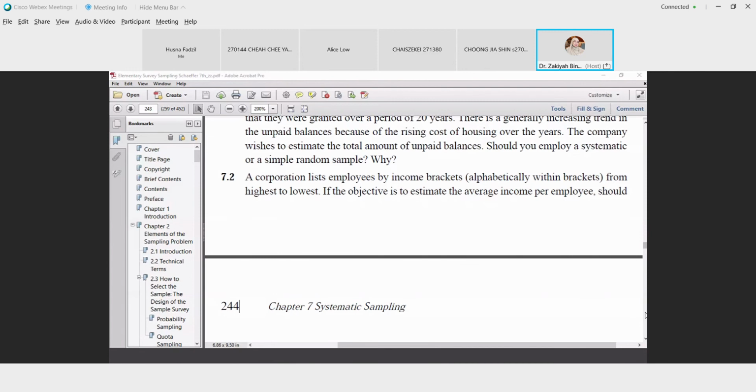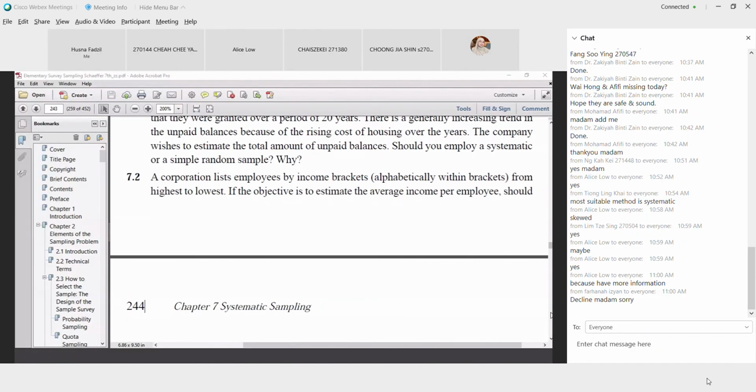It depends on the company, but as I mentioned, if you have top management, operators and so on, with very different salary scales, does it make more sense to do stratified sampling instead of systematic? Any opinions?